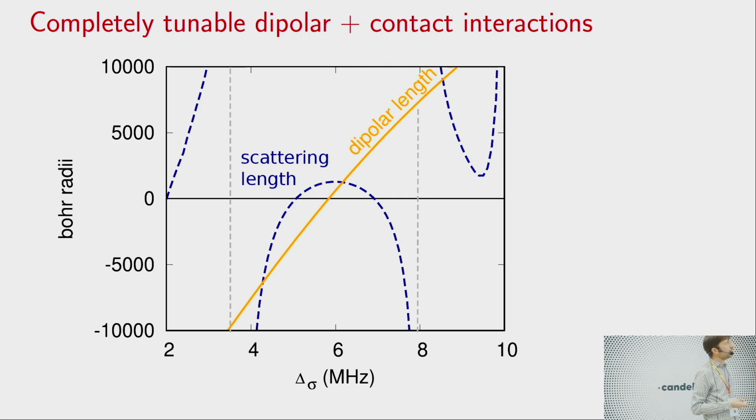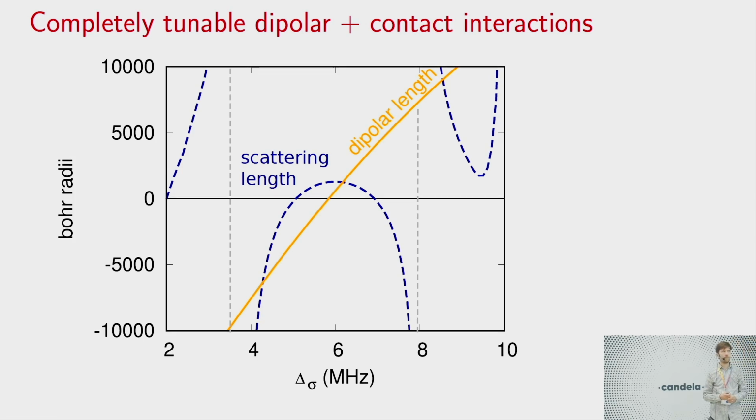Of course, if you're talking about the completely universal physics where you care only about the ratio of scattering length and dipolar length, then you can do some things. But in absolute units, this is very different. And I think one of the key differences will also be that you can turn off loss here, which should mean that you can go to higher density, which if you're computing, let's say, the mean dipolar interaction energy, that could buy you a lot. And that could put you even in strongly interacting regimes where, with magnetic atoms, it's at least hard to get to.